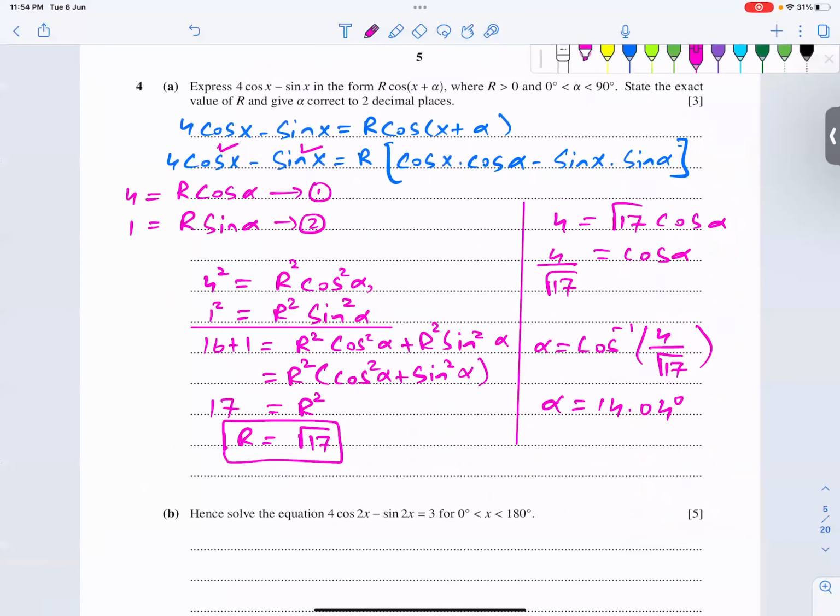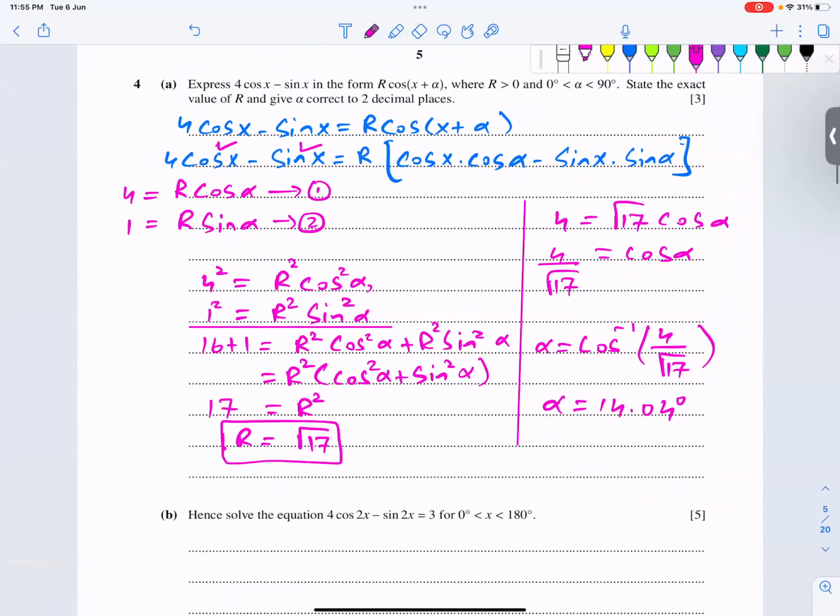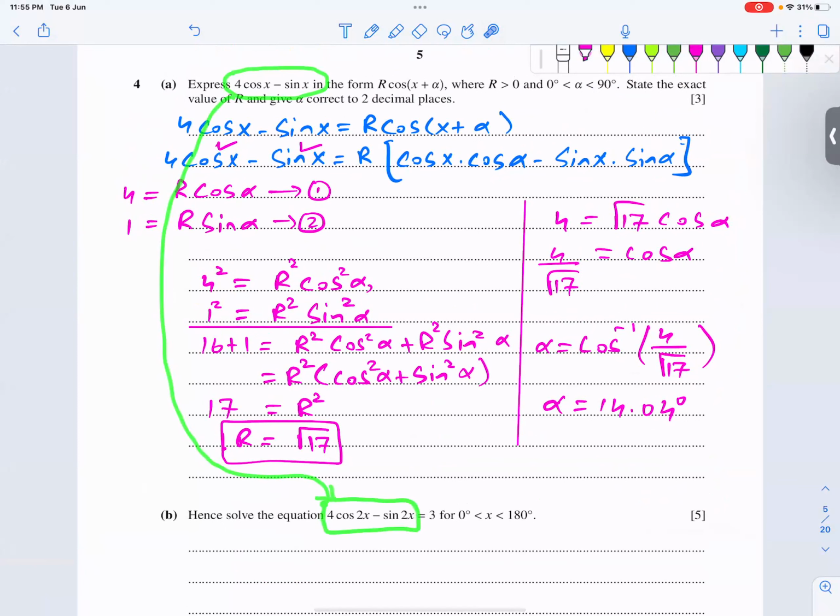Moving to the question: hence solve the equation 4 cos 2x minus sine 2x is equal to 3 for 0 to 180 degrees. If you see the previous part, the expression was 4 cos x minus sin x. Compare this with part B. Here you have 4 cos 2x minus sin 2x.